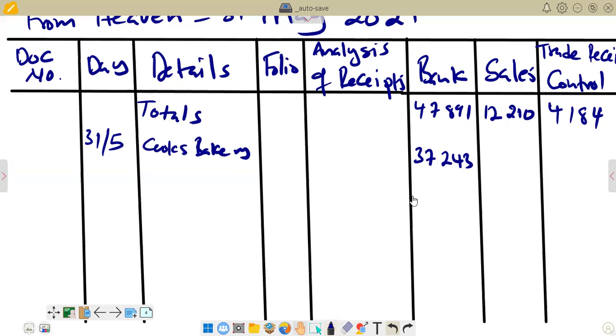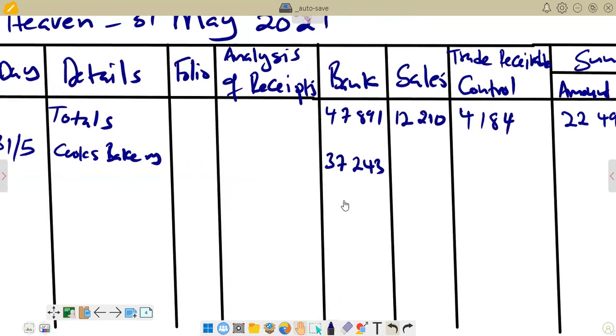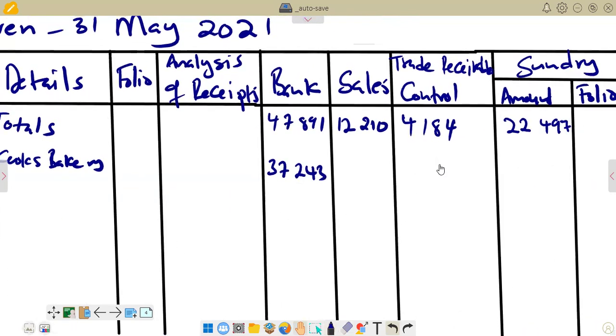If you come here, you would see that we've got columns that we have here. We've got the sales column, trade receivable control, and those are the columns that we are having there. So you see that this is a cancellation which is not going to affect our sales or our trade receivables control. So if it doesn't qualify in these columns, we are going to put it under sundry account.